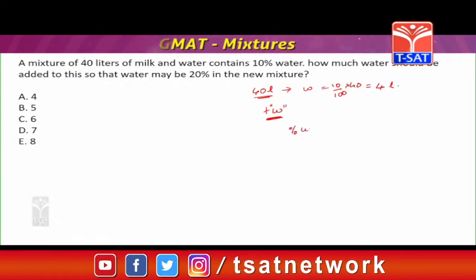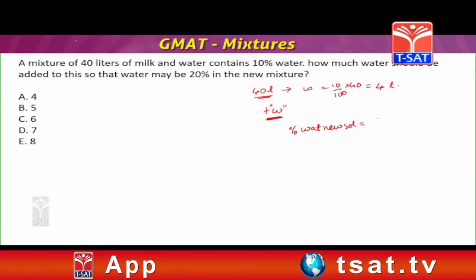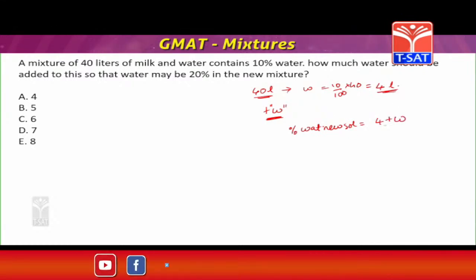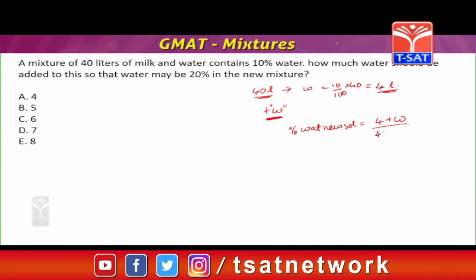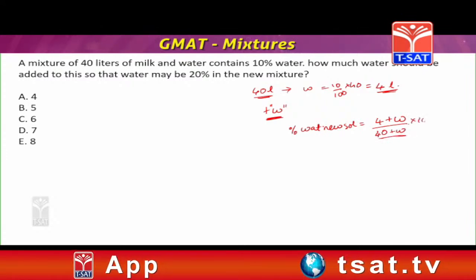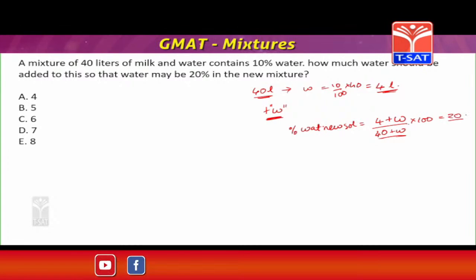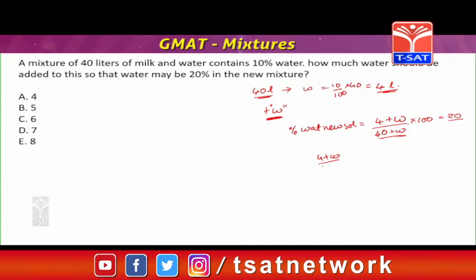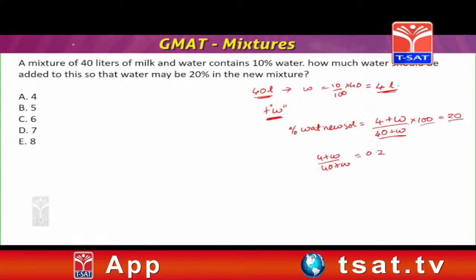So, the percentage of water in the new solution will be the amount of water, that is original solution had 4 liters of water, 4 liters plus say W liters of water divided by the entire solution will be now what, 40 plus W, because it also is increasing in volume by W, into 100. You want this to be equals to 20%, that is 20. So, this we can say that 4 plus W by 40 plus W is equals to 0.2, dividing by 100 on both sides.